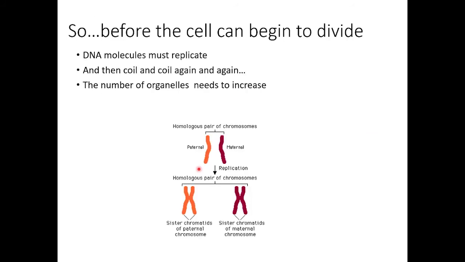The DNA molecules must replicate, so they must divide into two for you to grow at all. Then they coil and coil again and again to make these. The number of organelles needs to increase to make you grow.